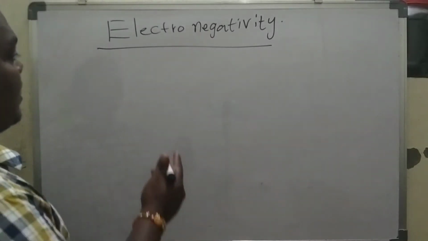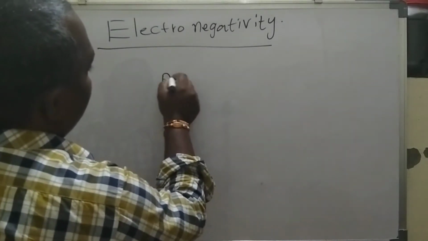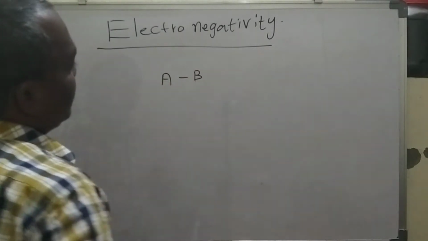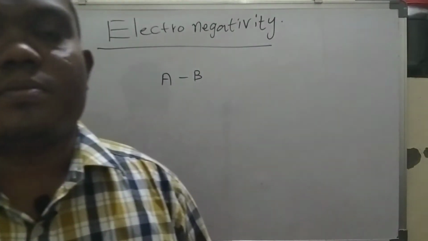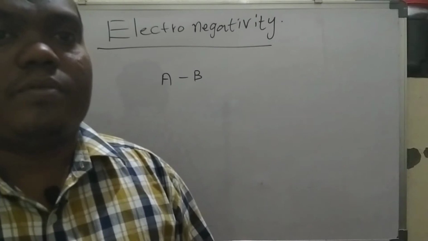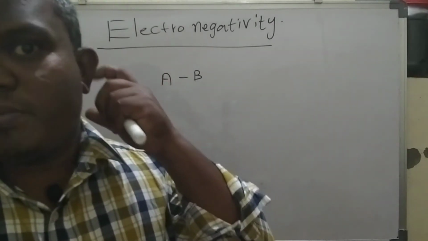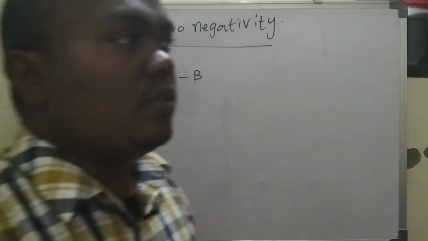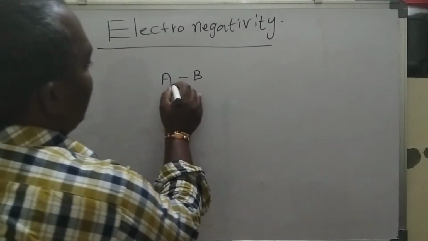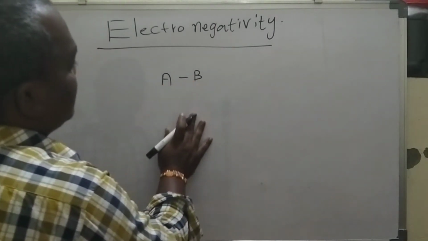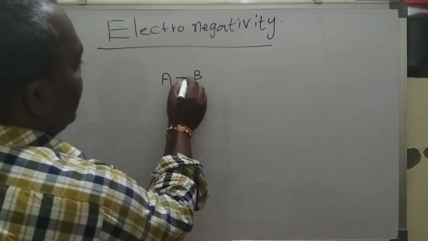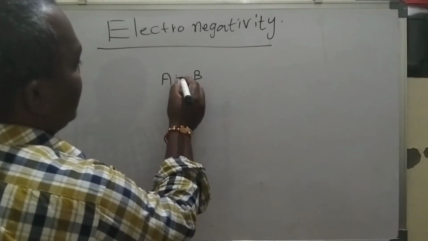Electronegativity: when we take a covalent bond formed between dissimilar atoms, after forming a covalent bond between the two atoms, the bond contains two electrons, right? We know that already.